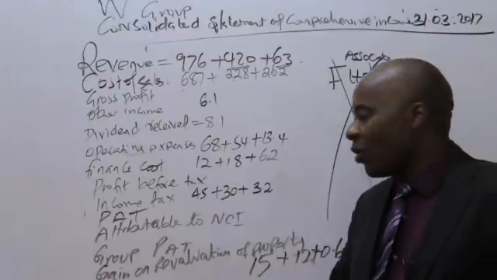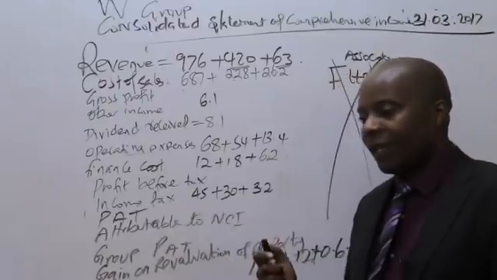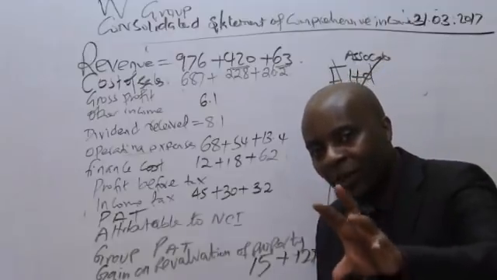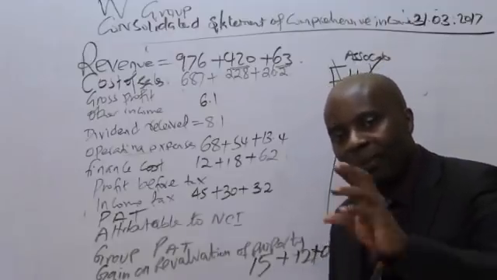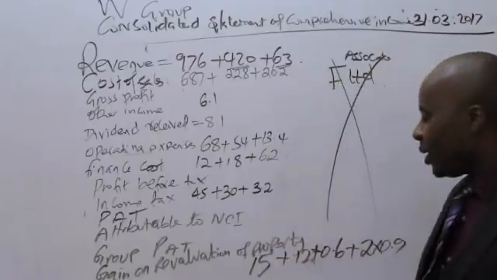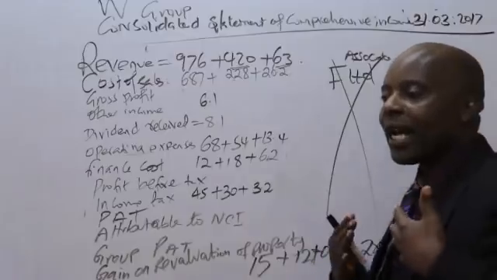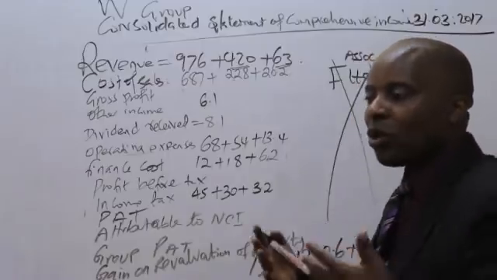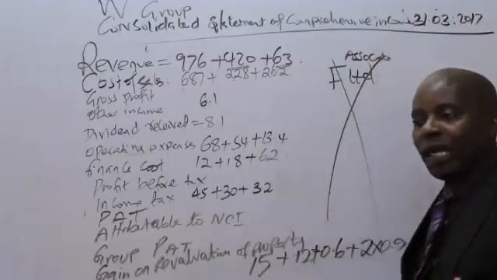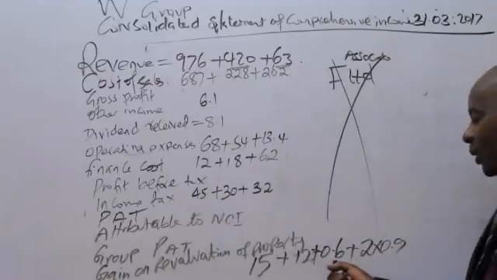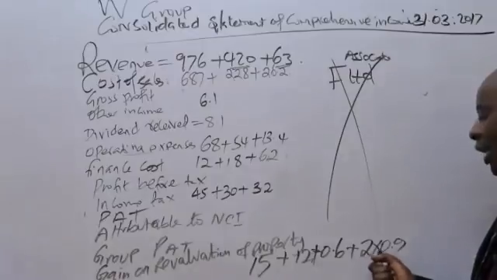Like now we have a revaluation gain. Take the parent figure the way it is; you don't apportion it at all. Plus the first subsidiary figure, which is 12. But for the subsidiary, we only recognize our percentage. So plus 12 times 60%, plus in this case 2 times 90%.